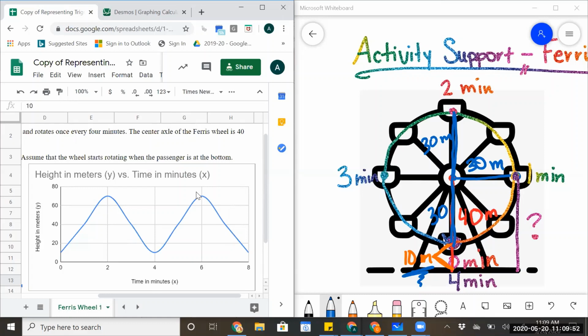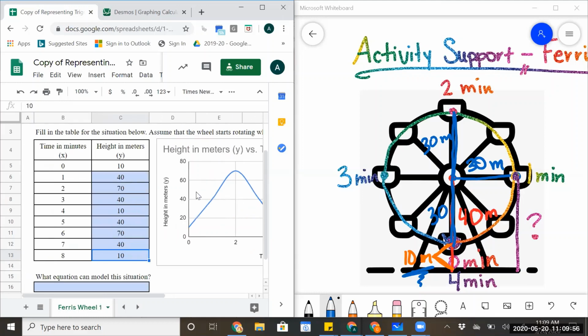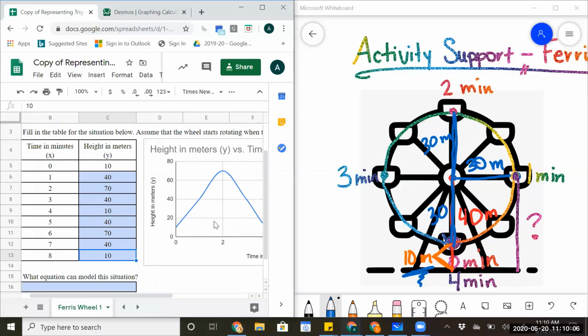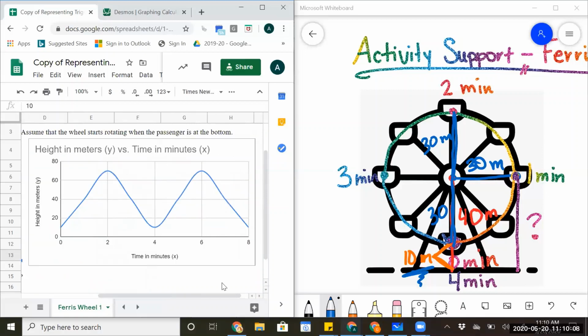It's enough for us to get some information because the next part of your assignment on this page is to write an equation to model this situation. Okay, so let's go back over here and make a few notes for ourselves. First of all, let's scoot this over.